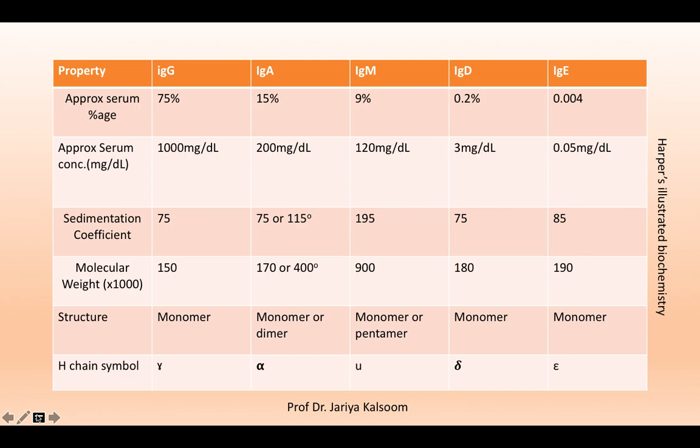For IgG it is 7S, IgA 7S or 11S depending upon whether it is monomeric or dimeric form, IgM 19S, IgD 7S and IgE 8S. Molecular weight of IgM is highest. IgG, IgD and IgE are present as monomers. IgA may be present as monomer or dimer, whereas IgM may be in monomeric or pentameric form.